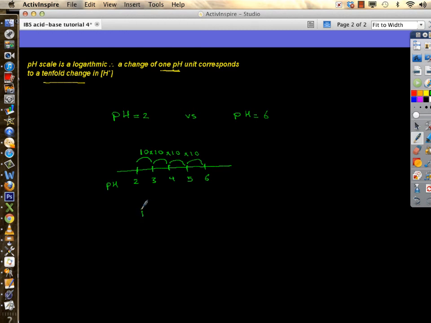So you can say pH equals 2 is 10,000 times more concentrated than a solution of pH equals 6. So hopefully you remember this fine point, that increments of pH correspond to 10-fold increments of concentration of hydrogens.